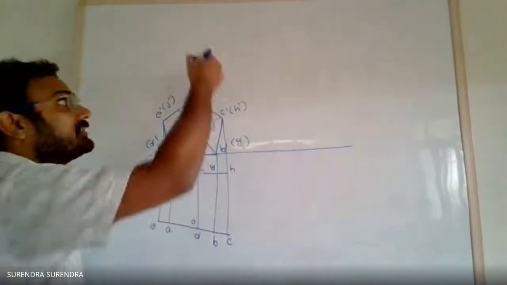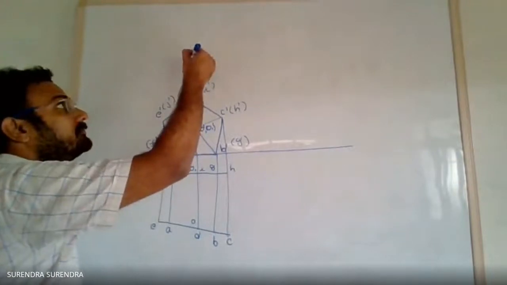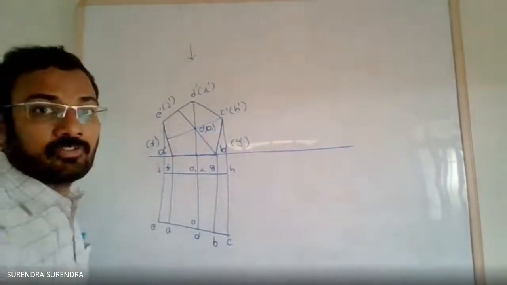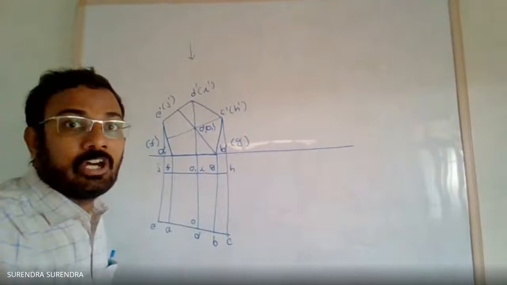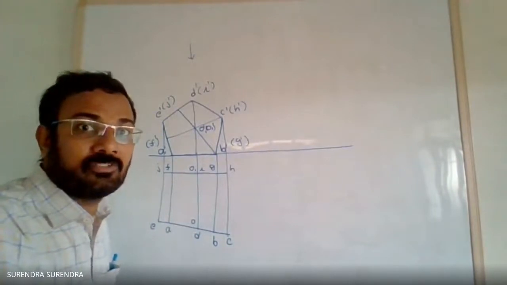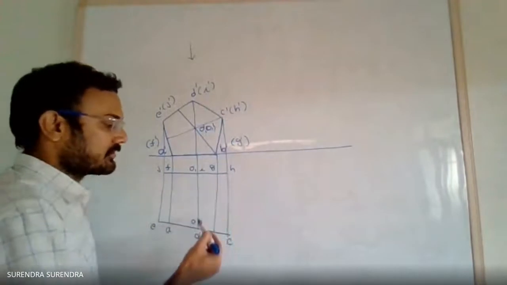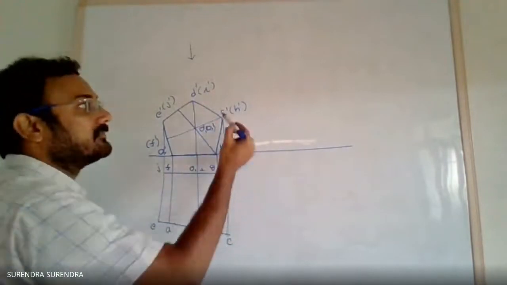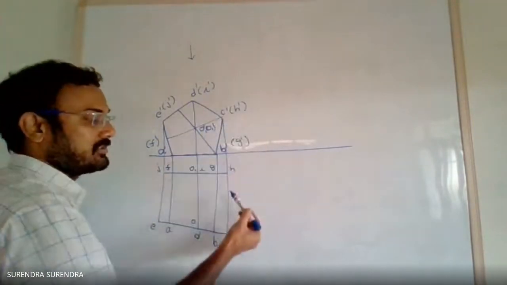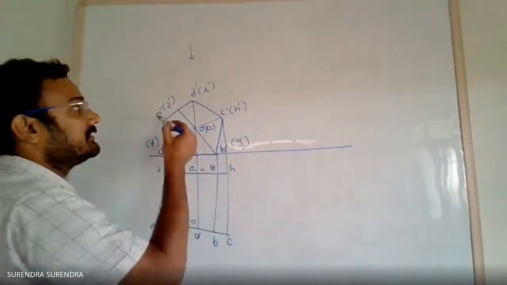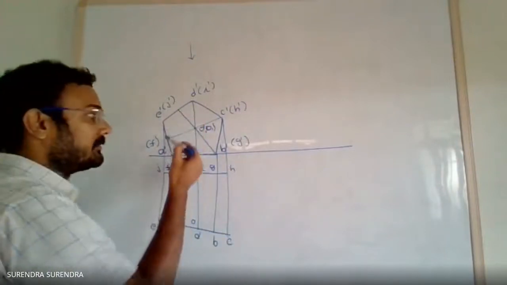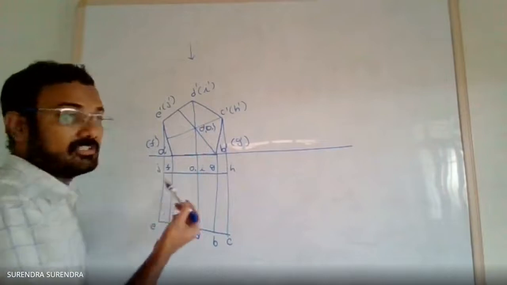When you are seeing exactly from top, this is the viewing direction. For drawing the top view, observe the front view. The DI edge is visible, so DI must be continuous. CH visible, continuous. EJ visible, continuous.